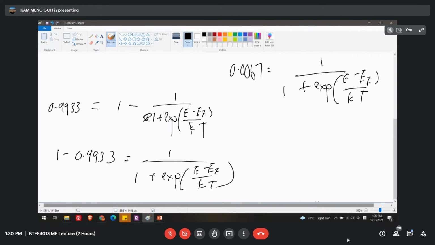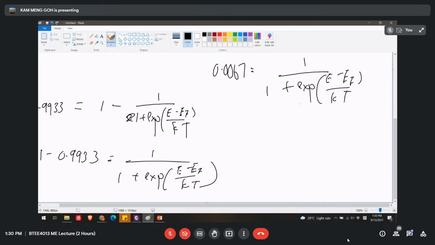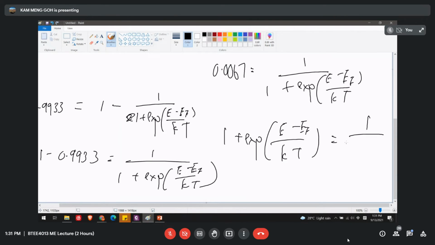And then 1 plus exponential (E minus EF) over kT equals 1 divided by 0.0067, you get 149. Okay, exponential (E minus EF) over kT, you get 149 minus 1, something like that.